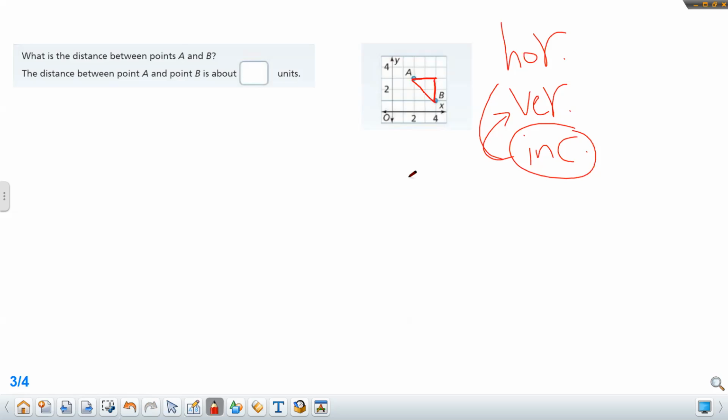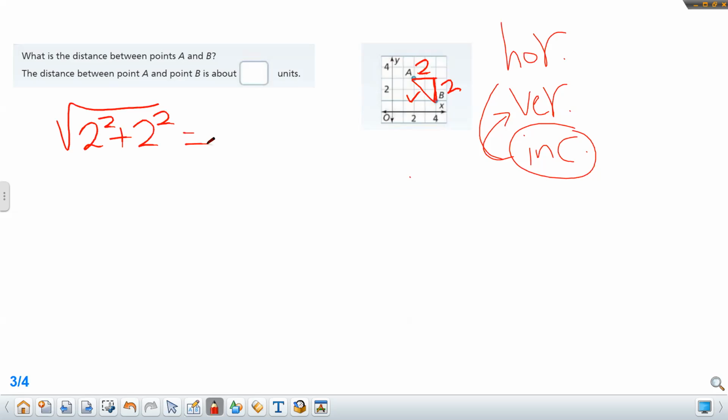So now, how to find AB? First, you must find the horizontal distance and vertical distance. Horizontal distance is 1, 2, so it will be 2. What about vertical distance? It will be 2 also. So you can find AB using the Pythagorean theorem: square root of 2 squared plus 2 squared.